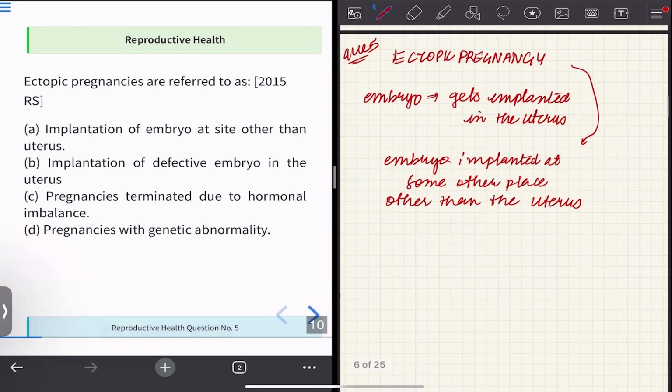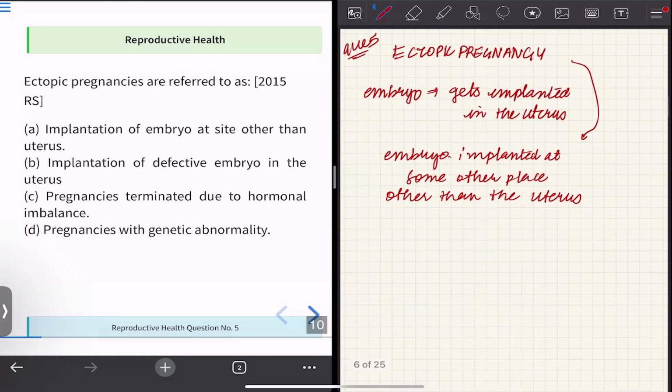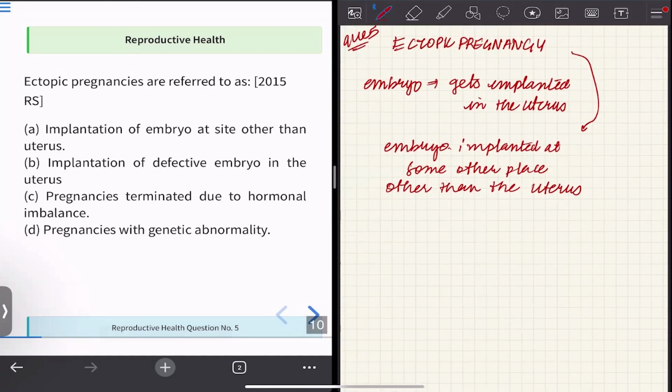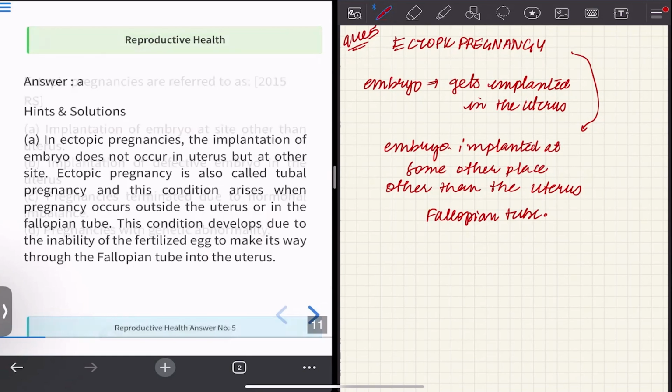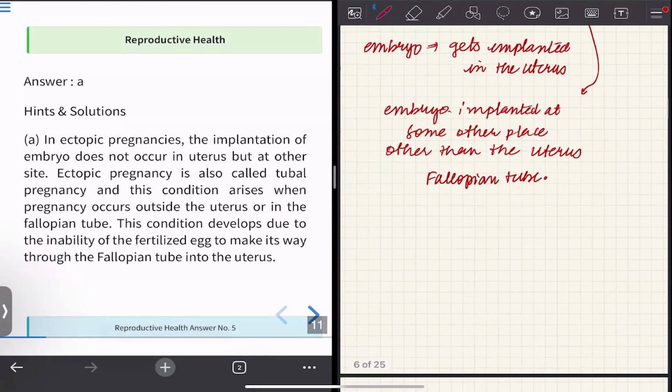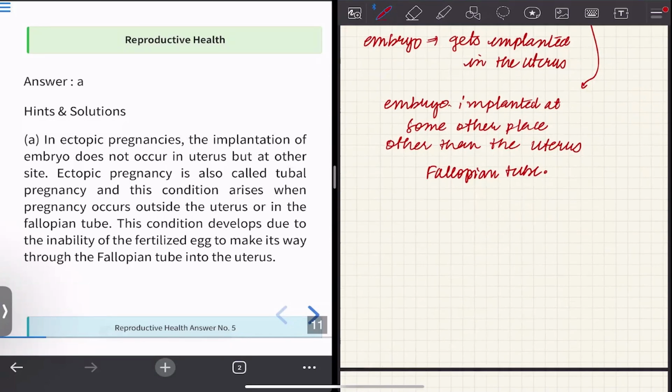What are the sites where this ectopic pregnancy can be implanted? The most common is the fallopian tube. These types of pregnancies are not commonly viable, so there are high chances that we would have to terminate this pregnancy. In ectopic pregnancy, the implantation of the embryo doesn't occur in the uterus, but at some other site. So it is also known as tubal pregnancy.